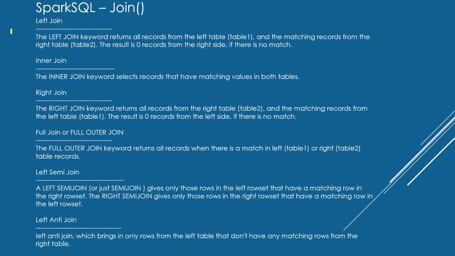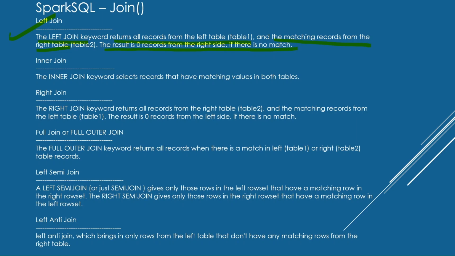So let me discuss the left join. The left join keyword returns all the records from the left table and the matching records from the right table, and the result is 0 from the right table if there is no match. So what does it mean?